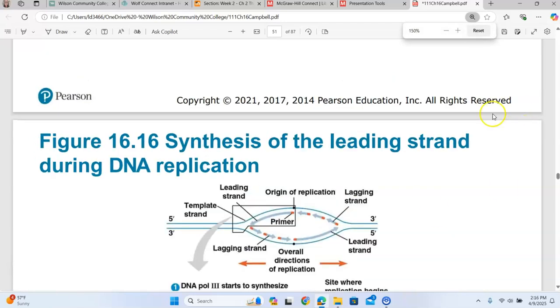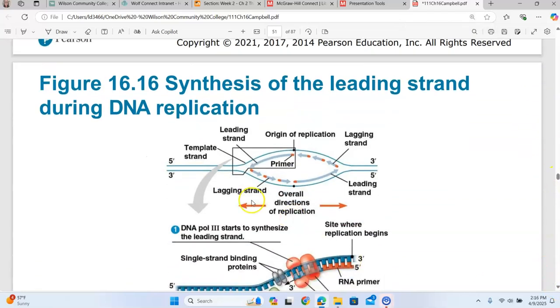When DNA helicase comes in and opens up the DNA, it makes basically a replication bubble, and each end is called the replication fork. One of the strands, which we call the leading strand, is going to be synthesized in the 5' to 3' direction.